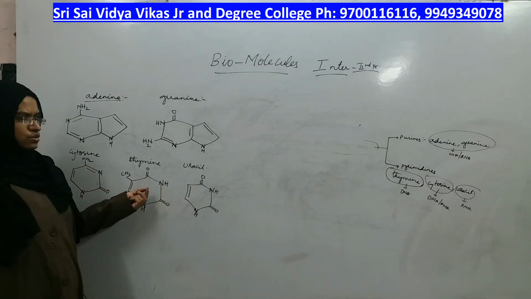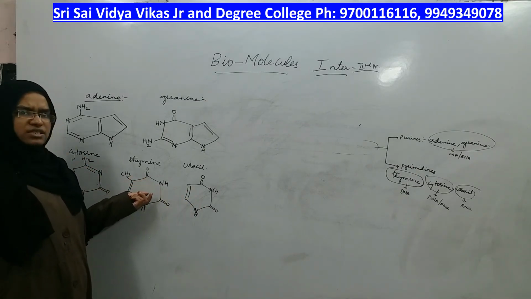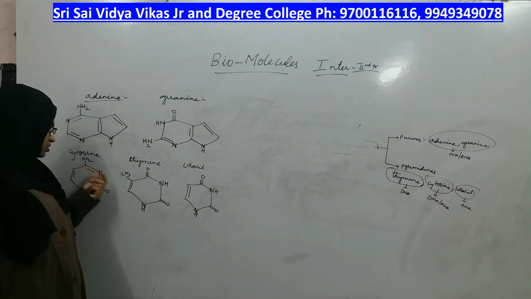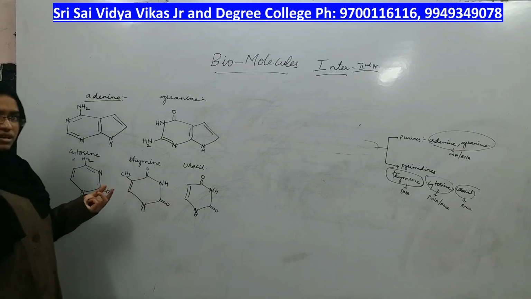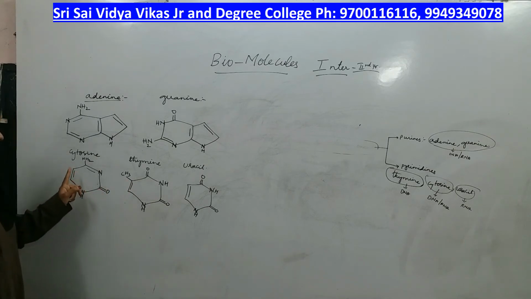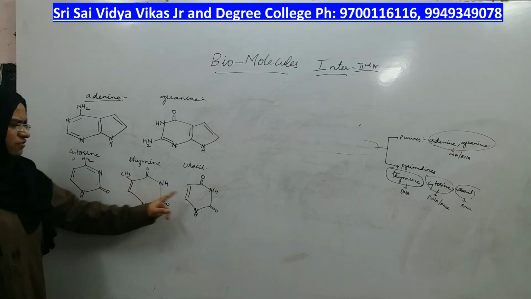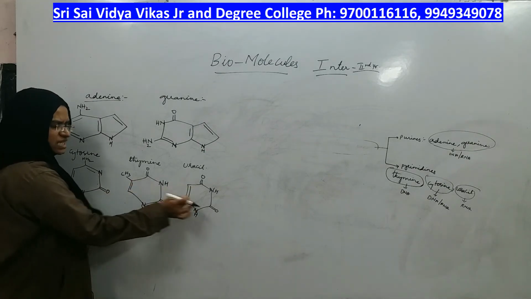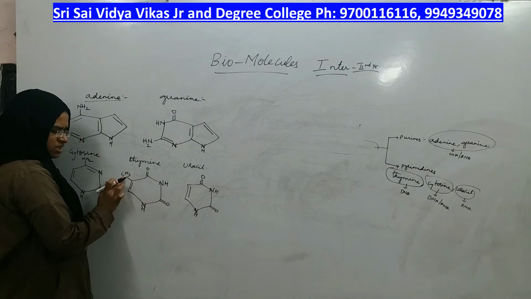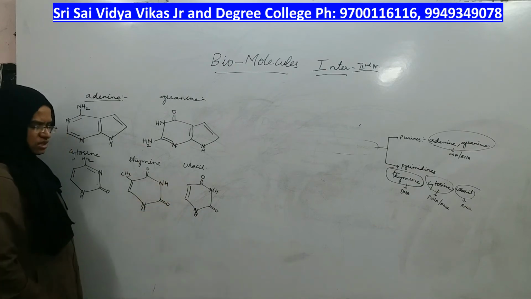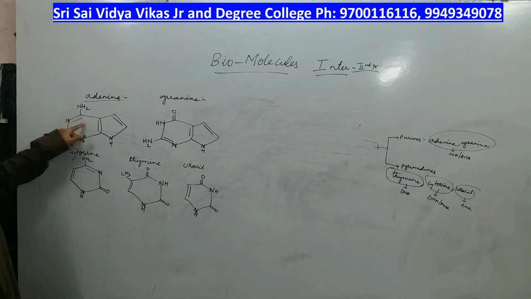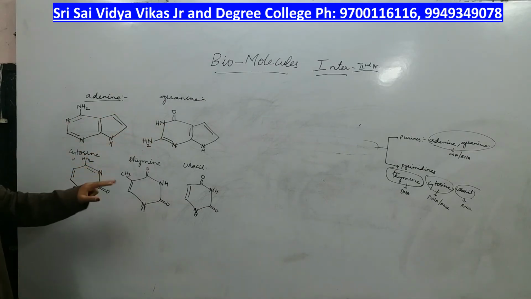I told you that if it is DNA, the pyrimidines in it are cytosine and thymine. If it is RNA, the pyrimidines in it are cytosine and uracil. What is the difference? There is a very little difference between thymine and uracil. Both are exactly the same, but here there is a CH3 group, here there is no CH3 group. Everything is the same, right? So these are the structures of 2 purines and 3 pyrimidines, right?